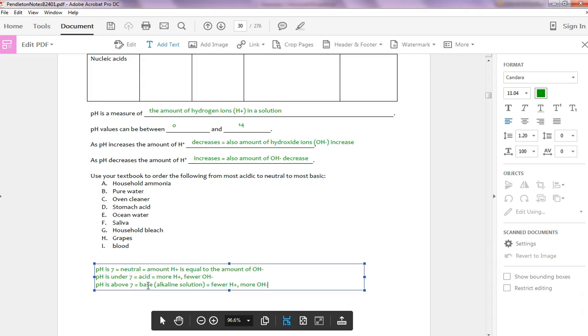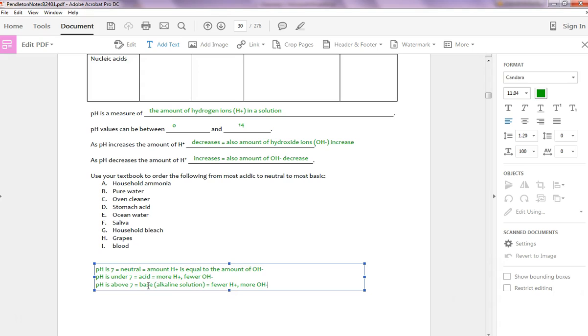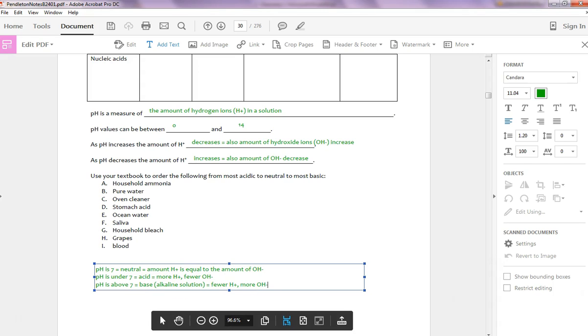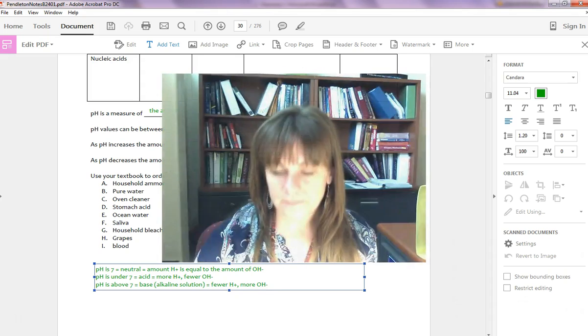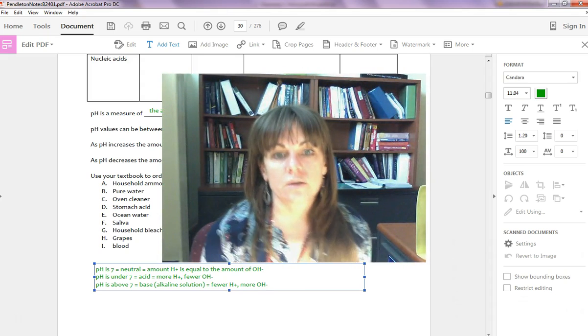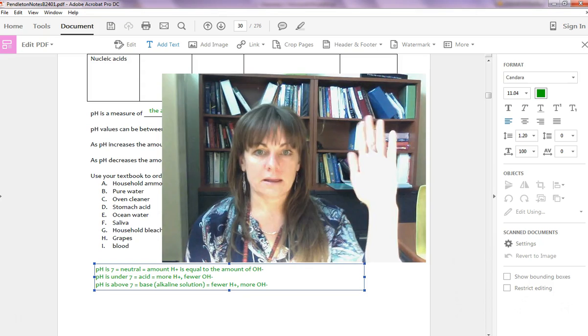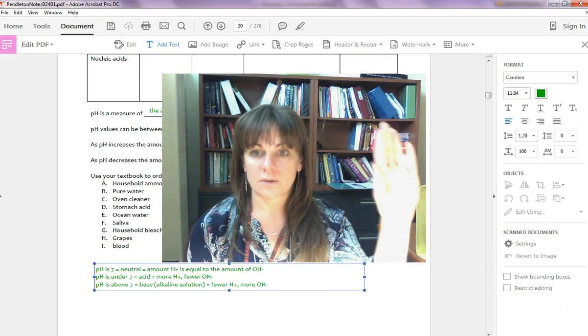Okay, so we've learned all these individual facts, but why does that matter? What's actually going on? How does that affect enzymes? Once again, let's think about this. This right here is going to represent my enzyme.